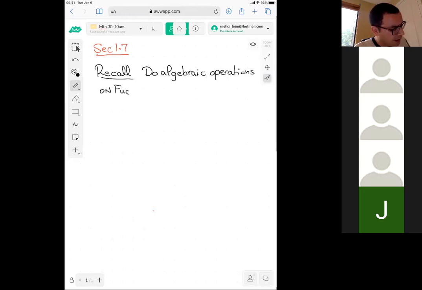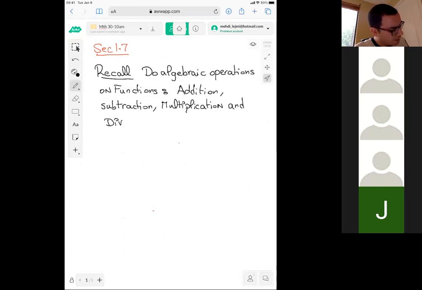And again, what I mean by algebraic operations is just the usual operations: addition, subtraction, multiplication, and division, right? So let me just remind you the notation we had.